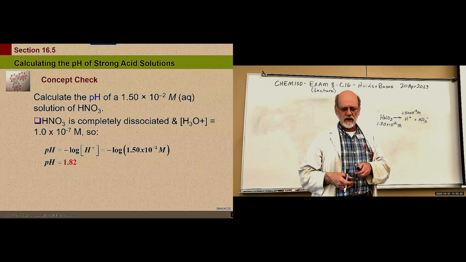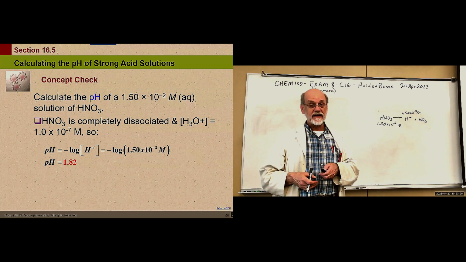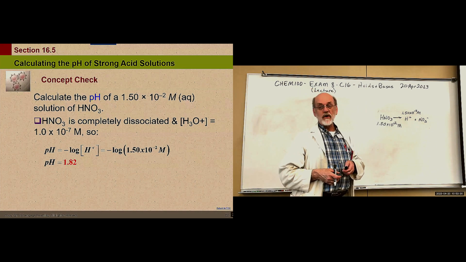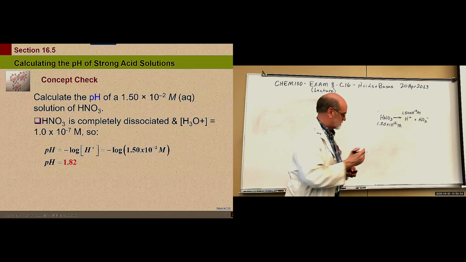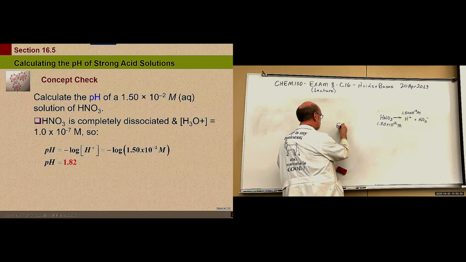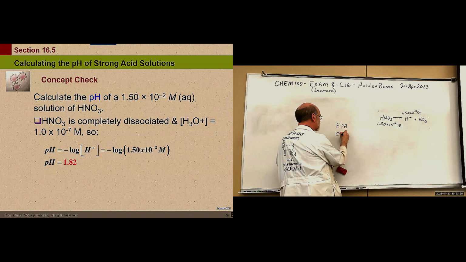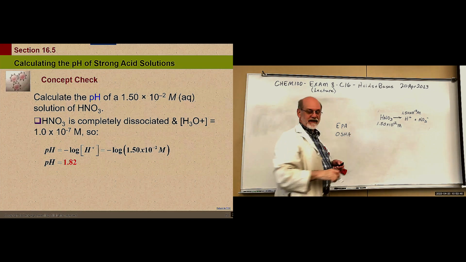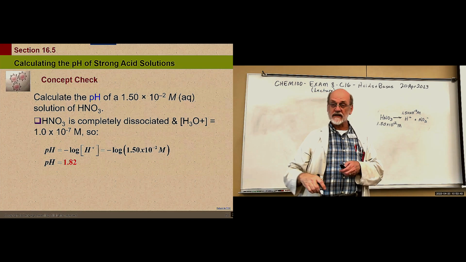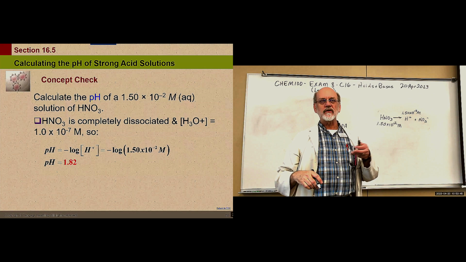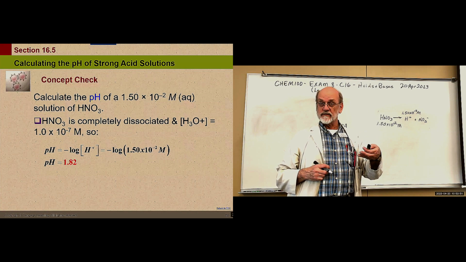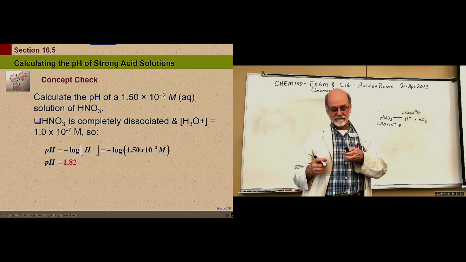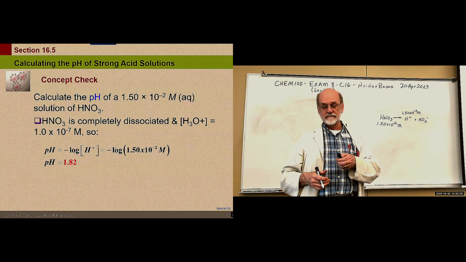Very low pH. That, in fact, is corrosive by EPA and OSHA standards. Anything less than 2 is considered corrosive, or greater than 10.5 is corrosive as a base. So that is a corrosive solution.